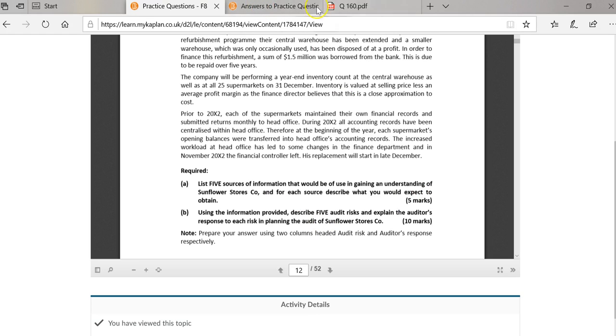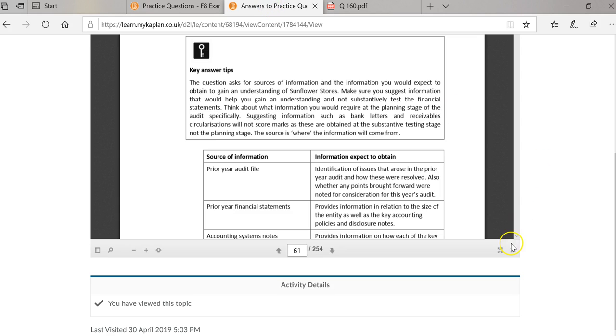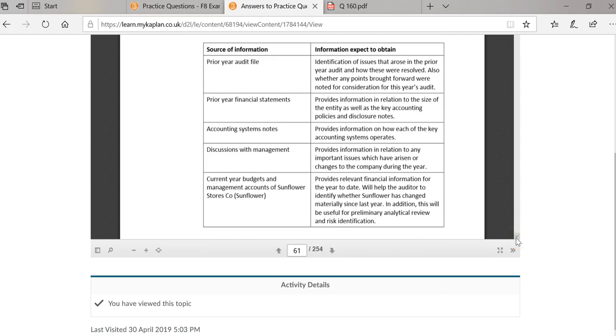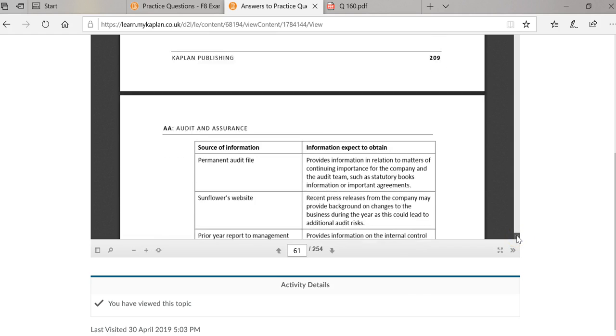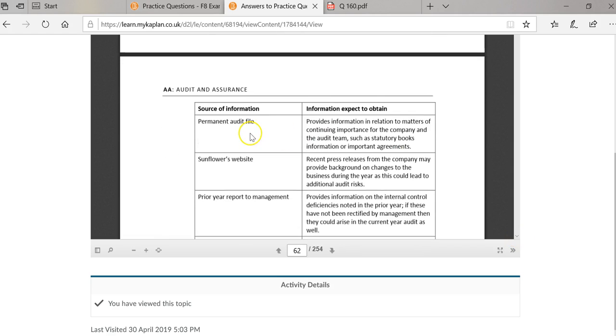Actually, let me go to the answers to just see what they had for question 1. So for question 1, they had the prior year audit file, which we mentioned, the prior year financial statements, which you mentioned, the current year budget and management accounts, which you mentioned. Let's see if forecast drops in next. So there wasn't a talk of forecast.